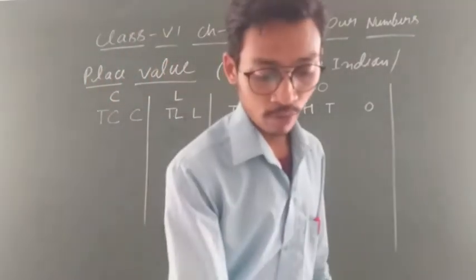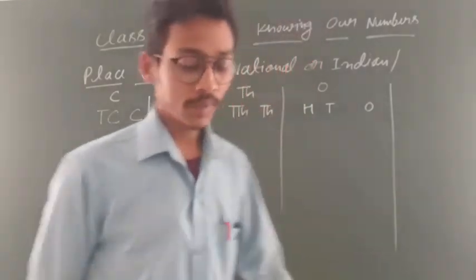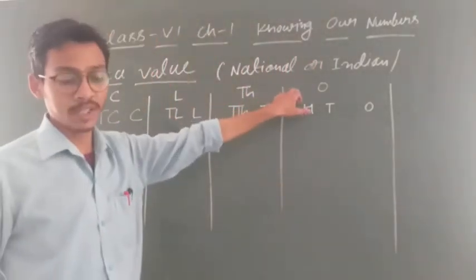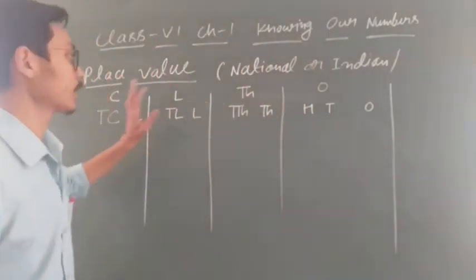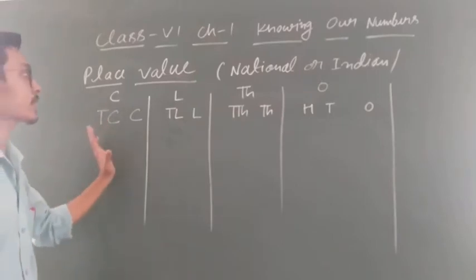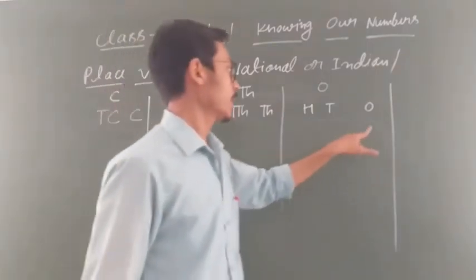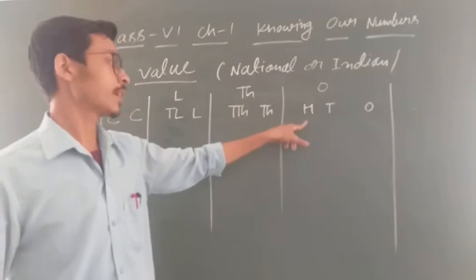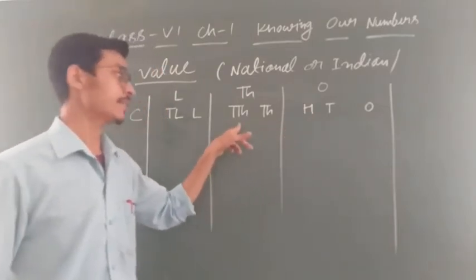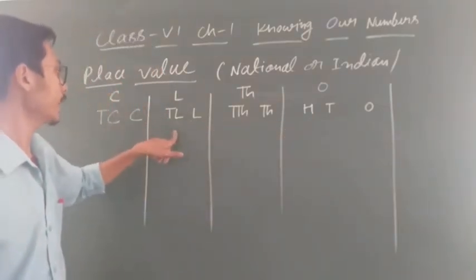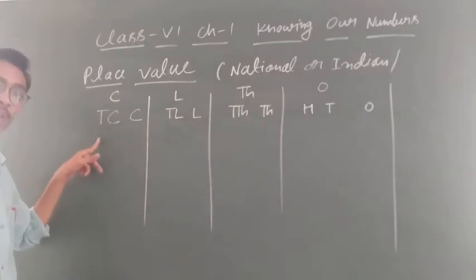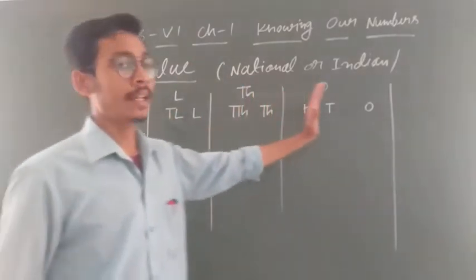What is the meaning of this? I will explain. First we will discuss the place value. अब देखिए, this is ones, tens, 100, 1000, 10,000, lakh, 10 lakh, crore, 10 crore. Clear student? This is the place value chart according to the national or Indian system.